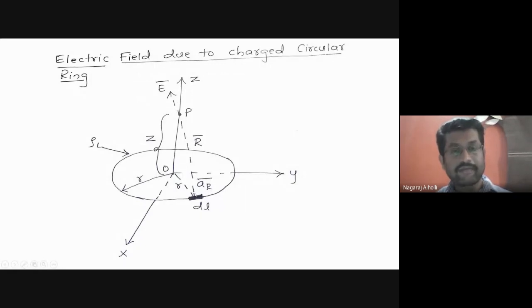Then we are finding the electric field intensity at some point P along the Z axis.